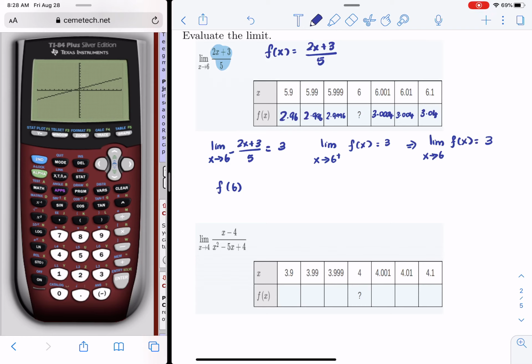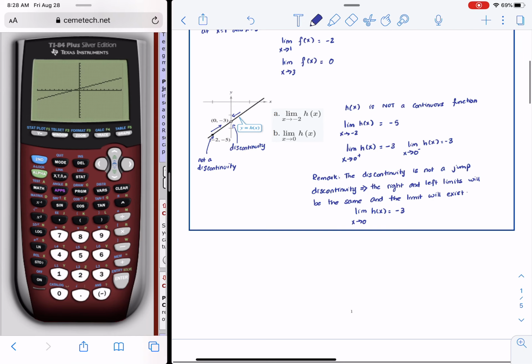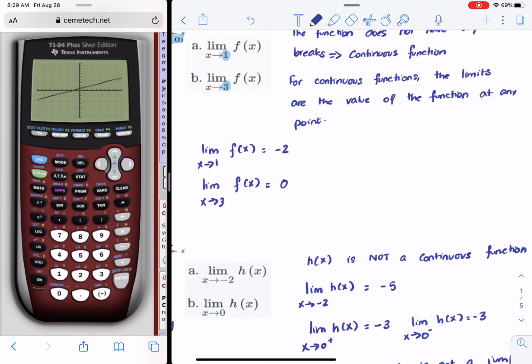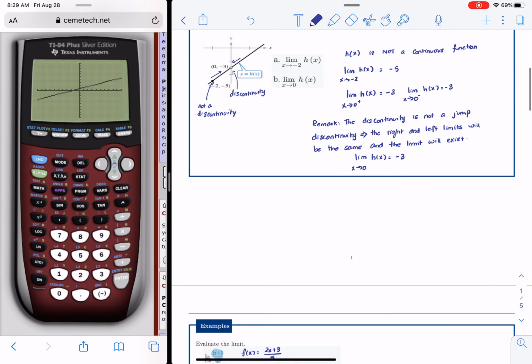What is f of 6? f of 6 is 2 times 6 plus 3 divided by 5, which is 15 over 5. You get 3. And that goes with the remark that I wrote earlier, that if the function doesn't have any discontinuities, it is a continuous function, and for a continuous function, the limits are simply the value of the function at any point.